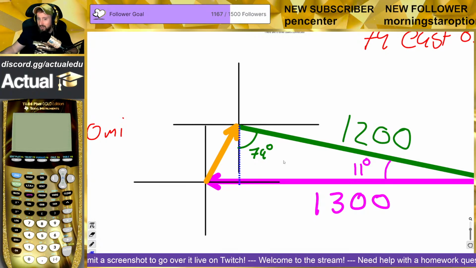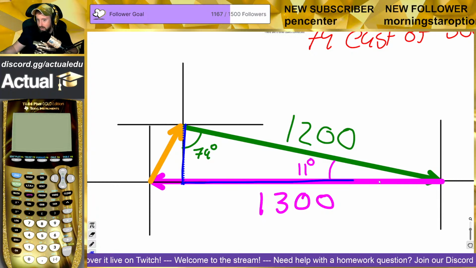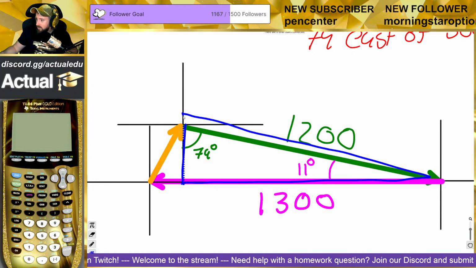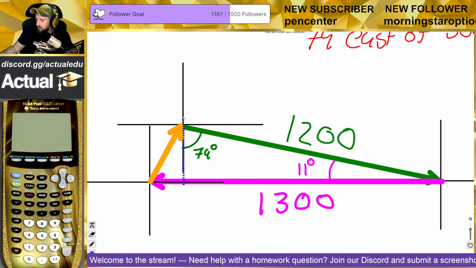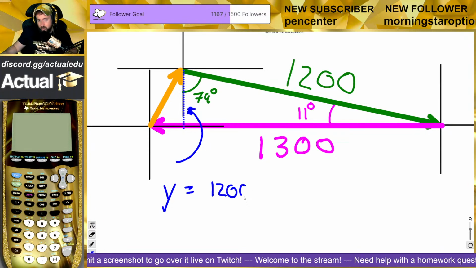This right here makes kind of like a right triangle, all right? Does that make sense so far? And let's call that something. Let's call that y. That is equal to 1200 sine of 11 degrees.